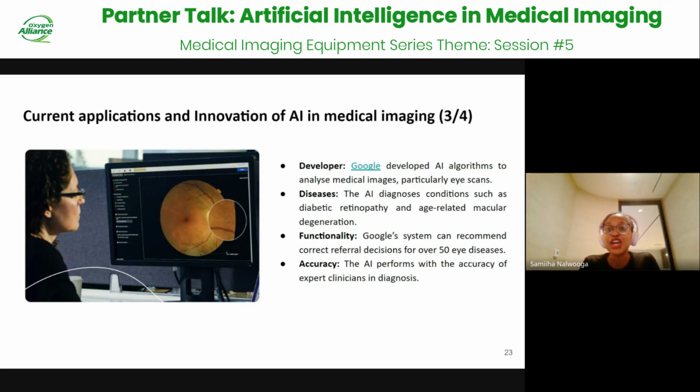The AI diagnoses conditions such as diabetic retinopathy and age-related macular degeneration. Google's system can recommend correct referral decisions for over 50 eye diseases, and this has been tested. The AI performs with the accuracy of expert clinicians in diagnosis. It has been able to do that because it has been fed with vast amounts of data. Like I said, AI needs plenty of data.